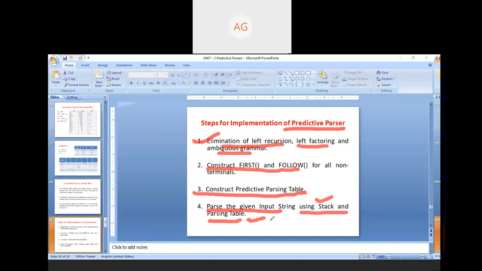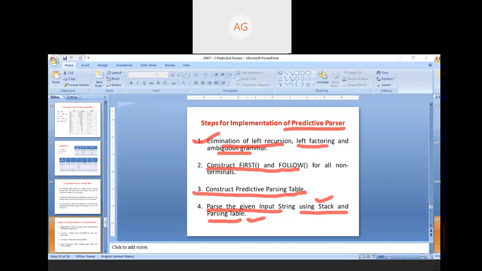These are the steps you need to follow to find the predictive parser or LL1 parsing table. Do all of you understand it? Just write in the chat box so that we can move further. Just remember these steps.